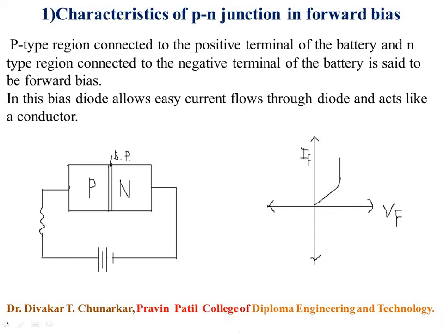In this case, a large number of majority carriers cross the junction and constitute a current called the forward current. This is the current in forward bias. The electron current is in the opposite direction to that of conventional current.